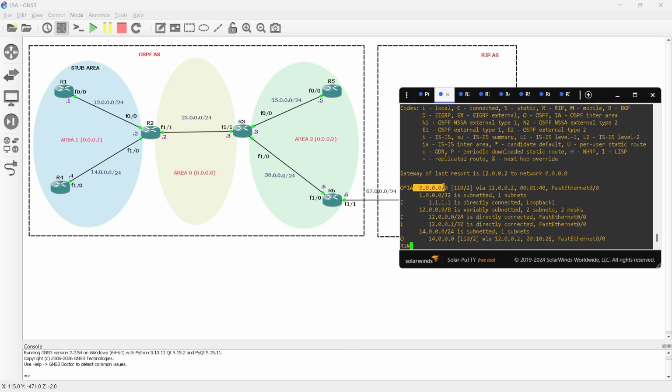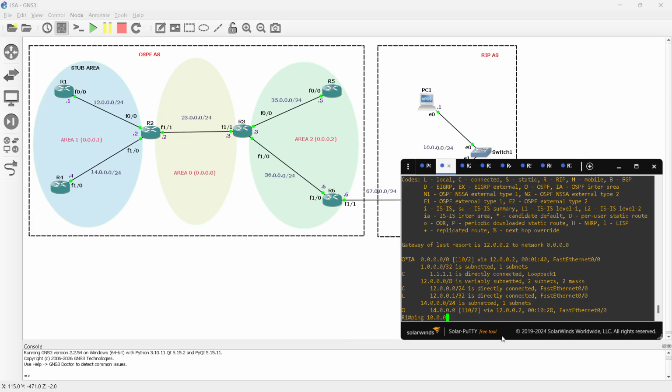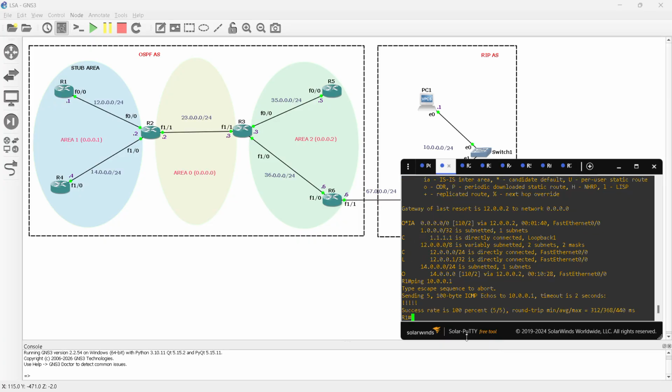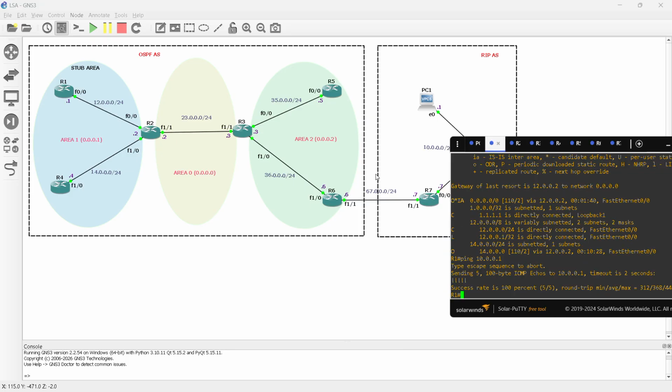Right. So at last, we try to ping our usual PC1, let's suppose 10.0.0.1. Success. And also let's try to ping our router 7, 10.0.0.7.